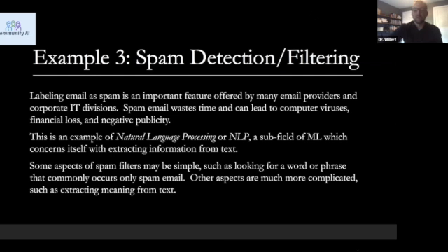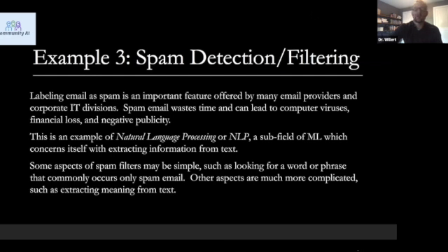This is an example of natural language processing, often referred to as NLP, which is a subfield of machine learning, which focuses on extracting information from text. So this is something that you probably don't think about as data on a daily basis, but can be treated as such.